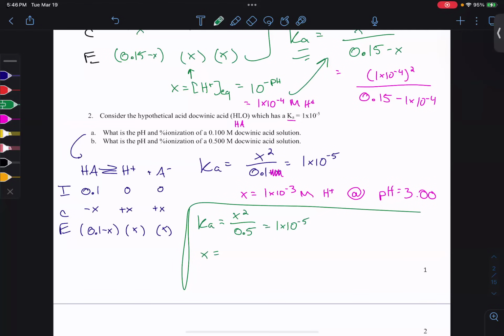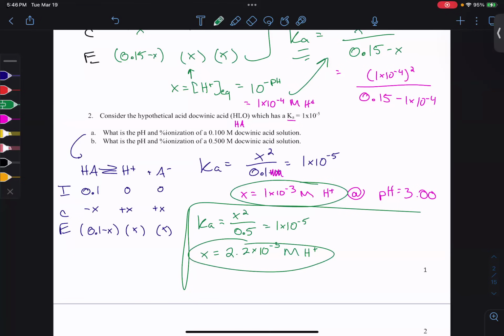Solve for x, you get that x is equal to a different number, 2.2 times 10 to the negative 3 molarity of H plus. So if we compare these two numbers, yes, the more concentrated version has much more H plus present in solution. So when you take the pH of that one, B, you get a pH of 2.7. So yes, this solution is in fact more acidic, right?